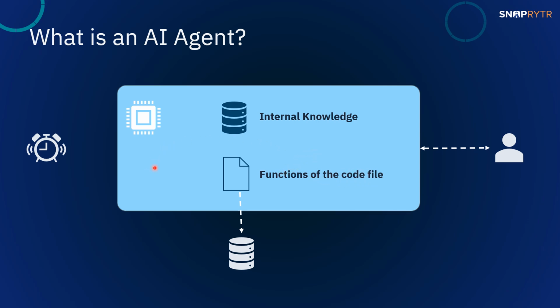The code file in which this agent is programmed, it has some functions. It has some ways to connect to the database. So it can call those functions. It is the same coding file. Remember, if you're not from the programming background, all code is written in some kind of files. And this agent is programmed in a file. And in that same file, there is another code written, another program written to access the database.